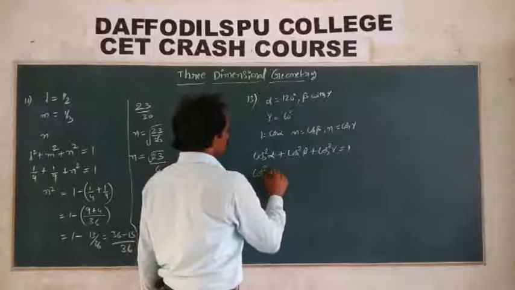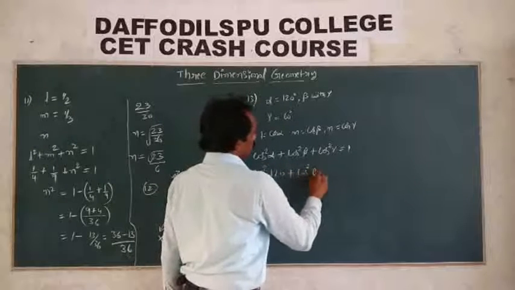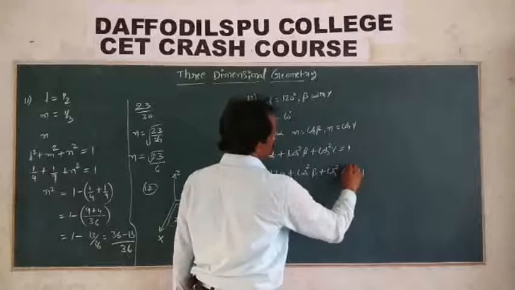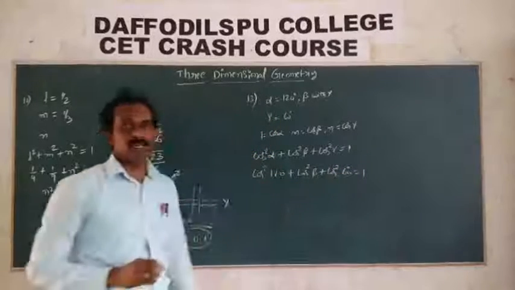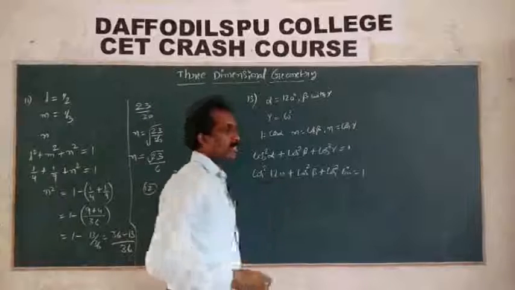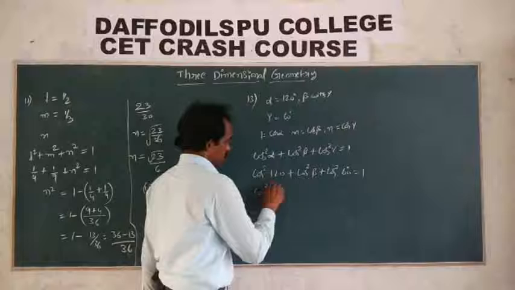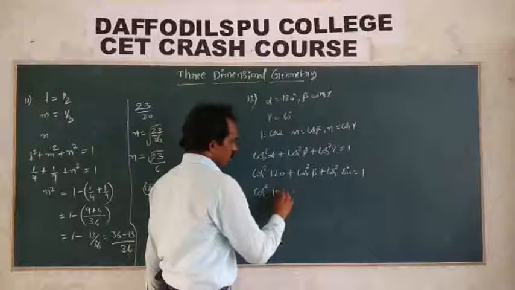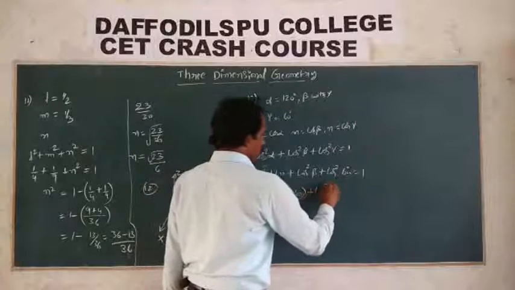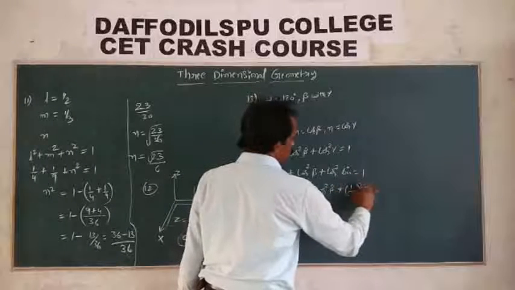Right? cos square 120 plus cos square beta plus cos square 60 is equal to 1. 120 means I'll write 180 minus 60.